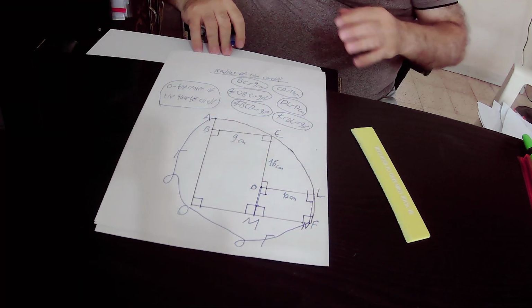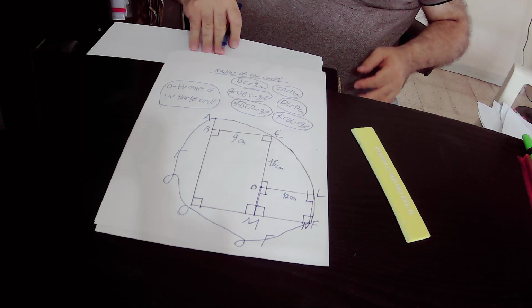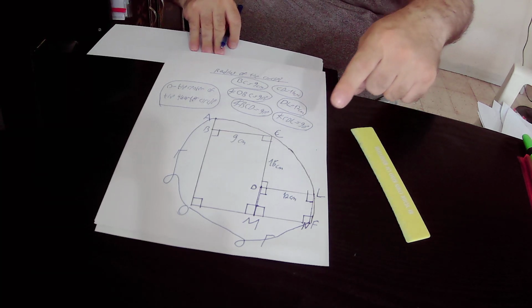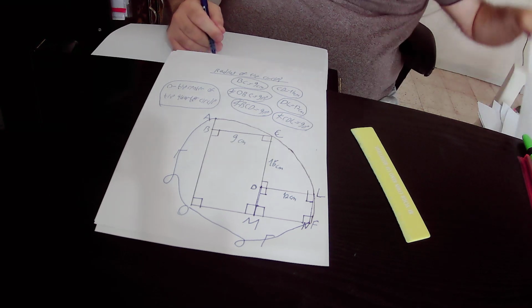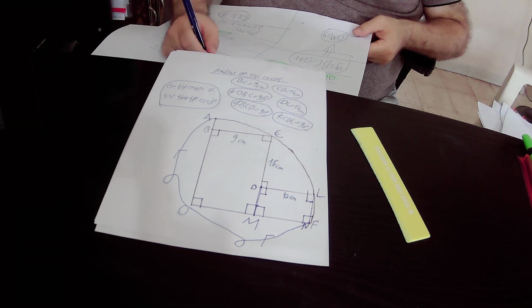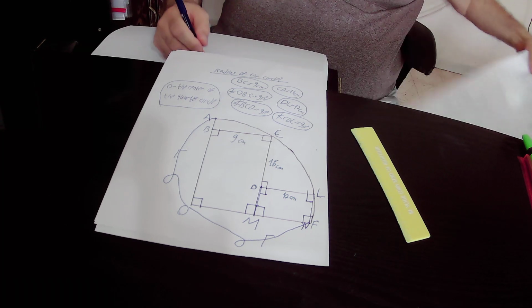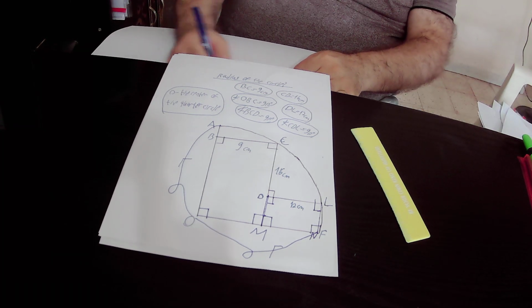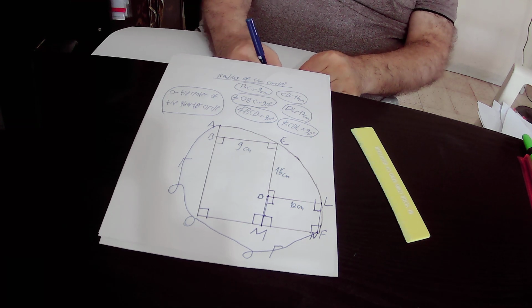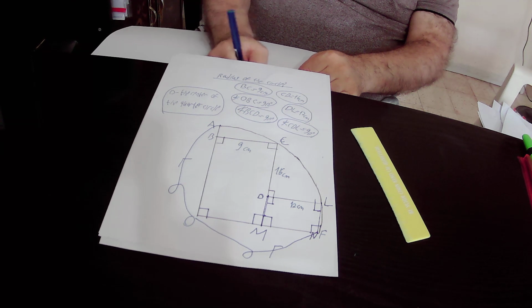So we found out that inside quadrilateral DLMN, we have 4 right angles. Any quadrilateral that has 4 right angles must be at least a rectangle, if not a square.